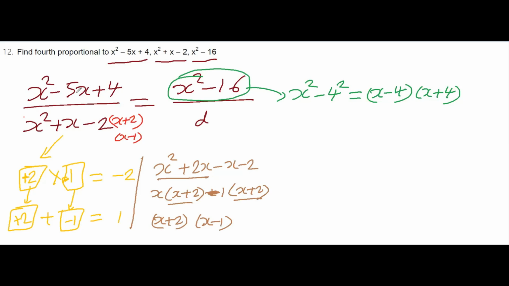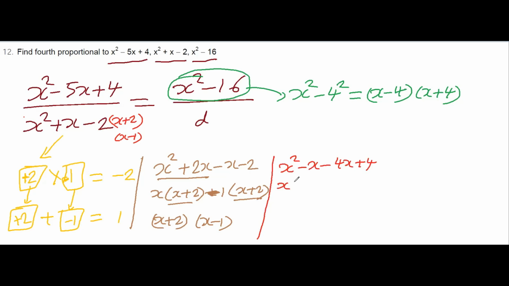Similarly the factors of x square minus 5x plus 4: two numbers I have to take, which when multiplied will give you 4 and which when added will give you minus 5. So what could be those numbers? It is minus 4 and minus 1. Let me do it here. X square minus x and minus 4x plus 4.